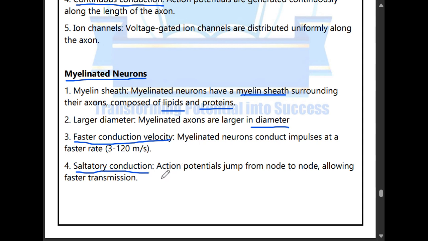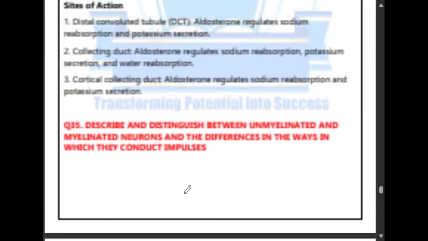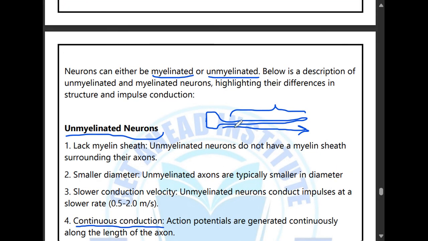The action potential jumps from one node of Ranvier to another, allowing faster transmission. Let me take you back to the illustration. Here we have a myelin sheath, so instead of moving through all this, if the impulse is here, it will jump and come here.